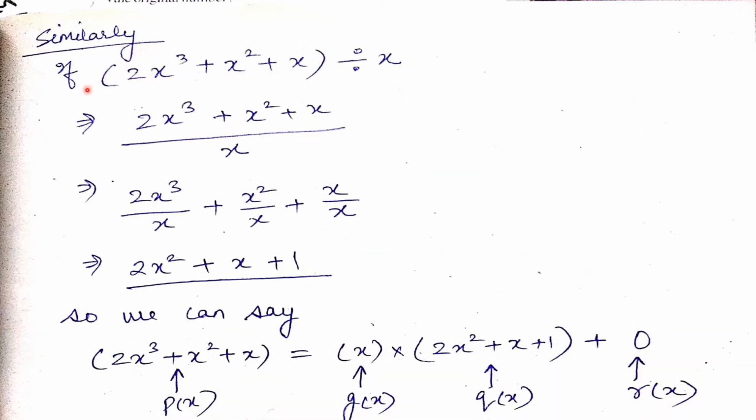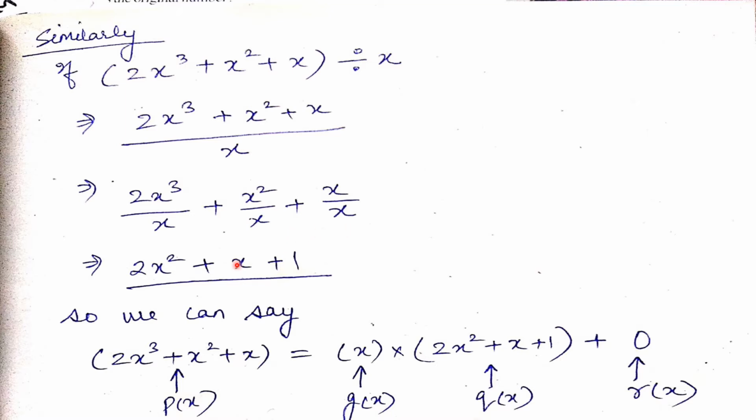Now, similarly, if we have a polynomial like 2x^3 + x^2 + x divided by x, we can write it like this in fraction form. Now what I have done is I have taken this x below each term individually, like 2x^3/x + x^2/x + x/x.